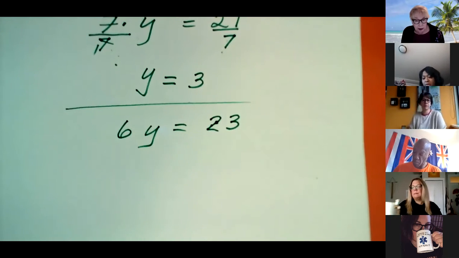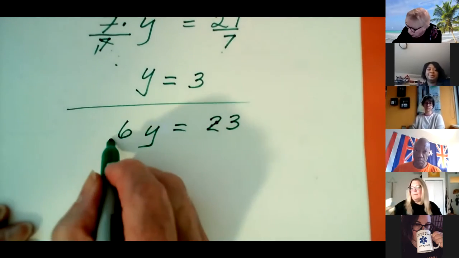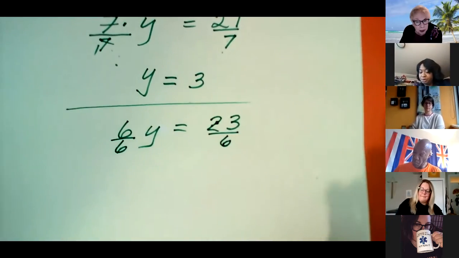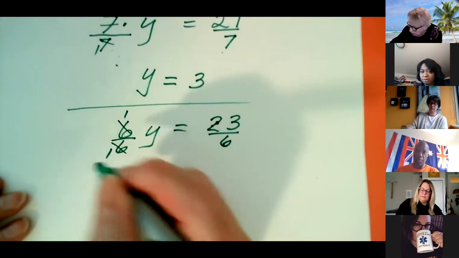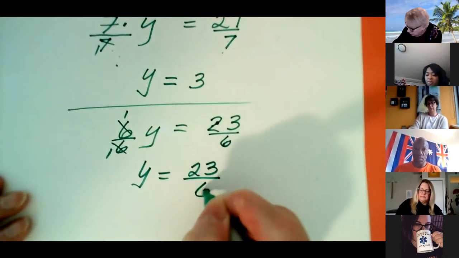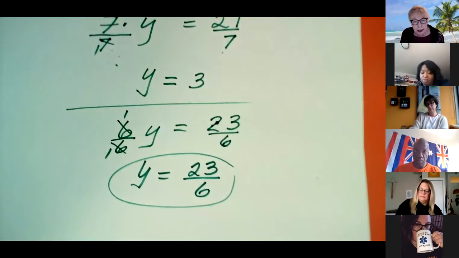It's not on my radar. But if I go ahead and divide both sides by 6, like I've been taught to do, this is my answer. Like it or not, 23 over 6.